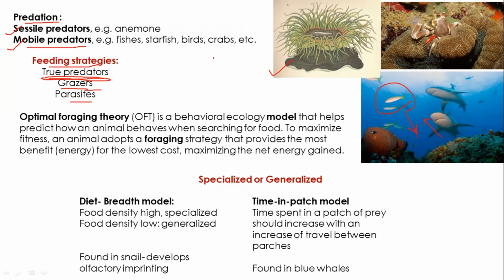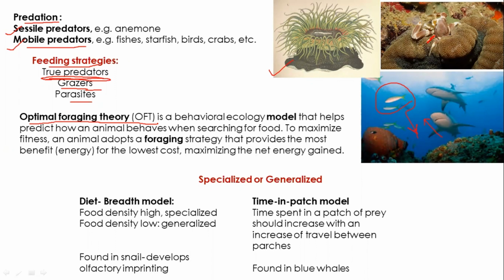There is one theory which regulates, or is a kind of understanding here: the optimal foraging theory. It is a behavioral ecological model that helps to predict how an animal behaves when searching for food. Whatever happens in ecology, at the evolutionary level, is to increase the fitness of an individual, a species, or a population.